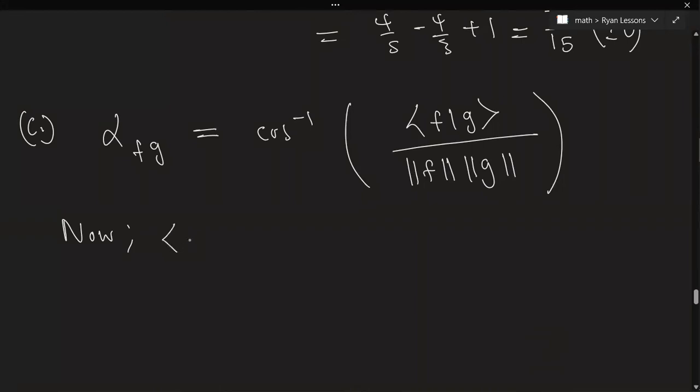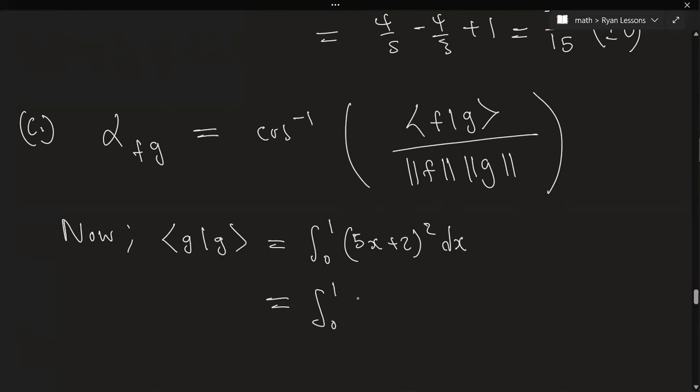So now let's find gg. So gg is going to be the integral from 0 to 1 of (5x plus 2) all squared dx. So what will that give us? 0 to 1 of 25x squared plus 20x plus 4 dx.